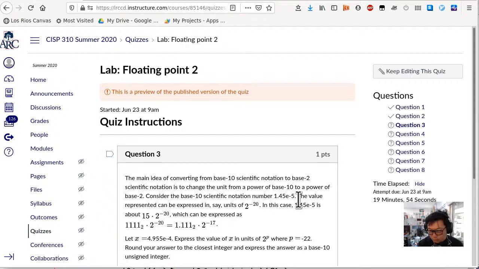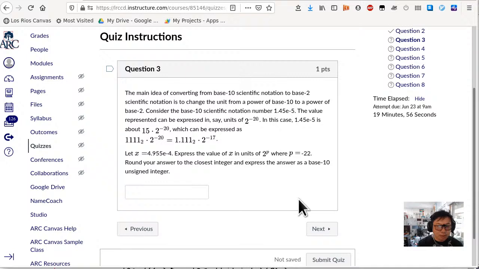In question number 3, and I think it may be the way I'm asking the question, but a few people have a question about this. So let me just kind of read it. The main idea of converting from base 10 scientific notation to base 2 scientific notation is to change the unit from a power of base 10 to a power of base 2.